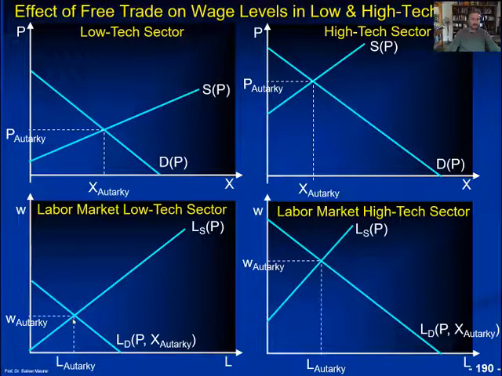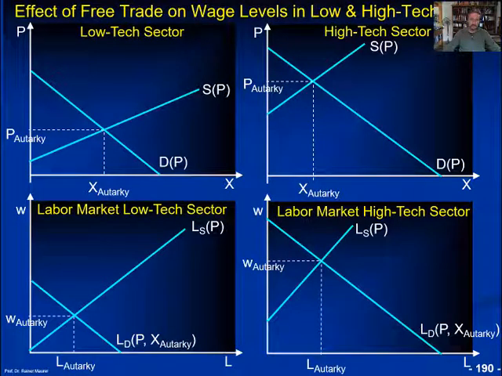Given this low wage level, production costs are low, such that the supply of low-tech goods is relatively high. So the supply curve on the market for low-tech goods lies relatively far to the right. As a result, the price for low-tech goods under autarky is relatively low. So this price level here on the low-tech sector market is relatively low.